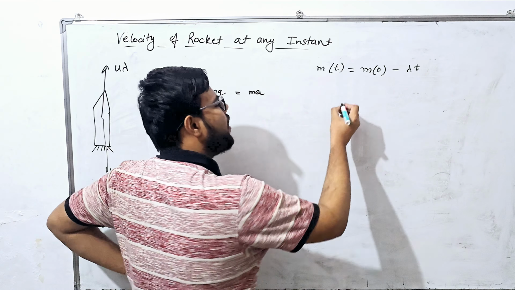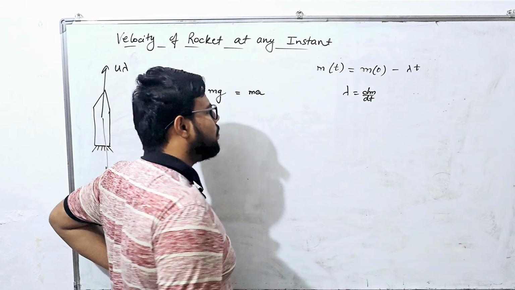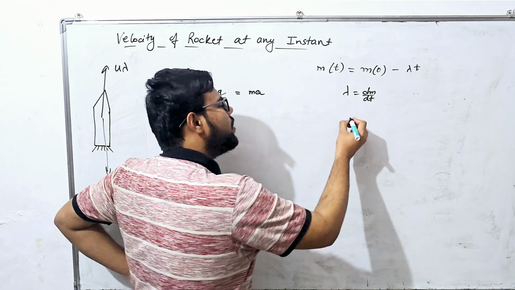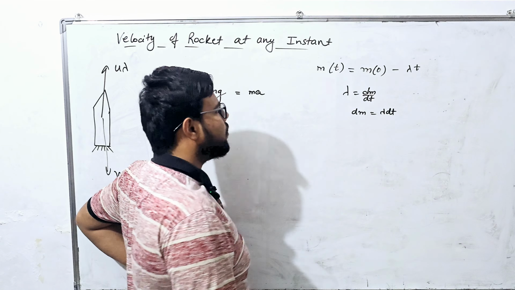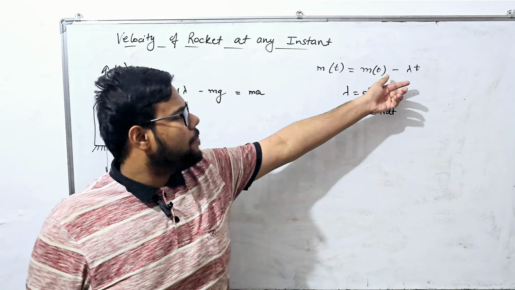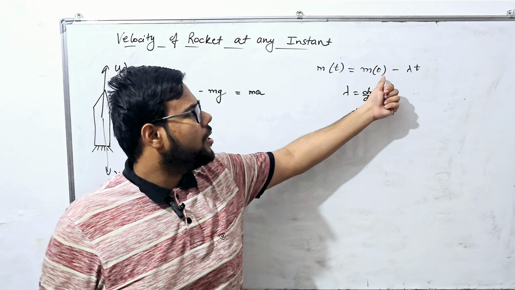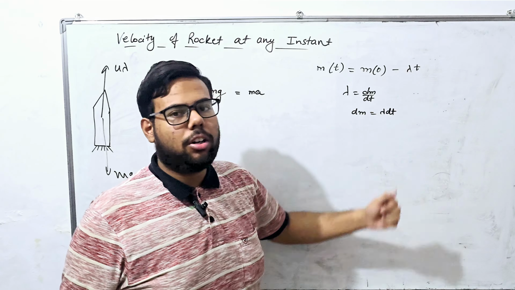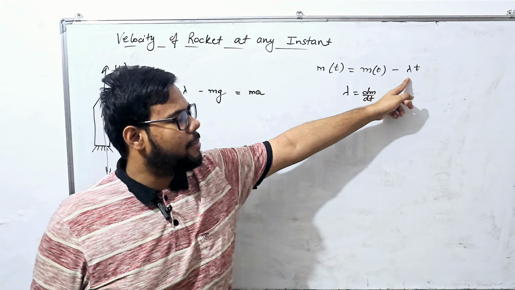Notice that lambda is equal to dm by dt, so dm is equal to lambda dt. Whatever time passes, the final mass will be the initial mass minus the amount of mass lost, so when you integrate dm, you get lambda t.